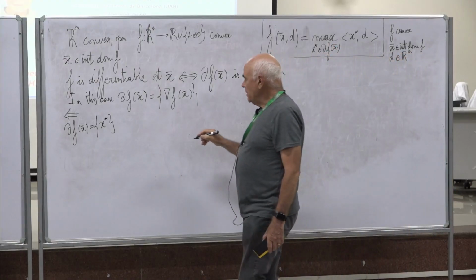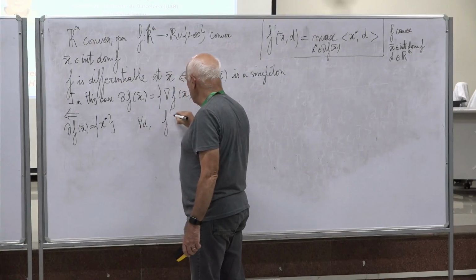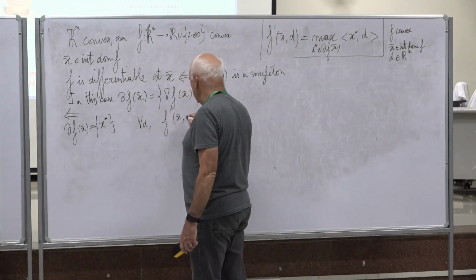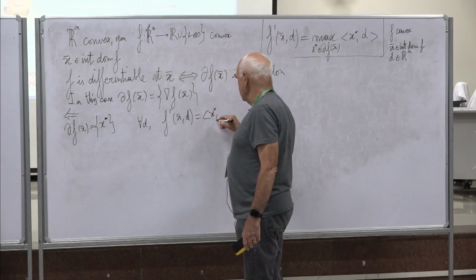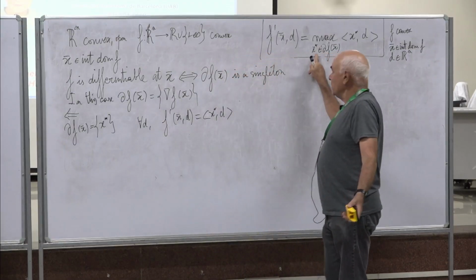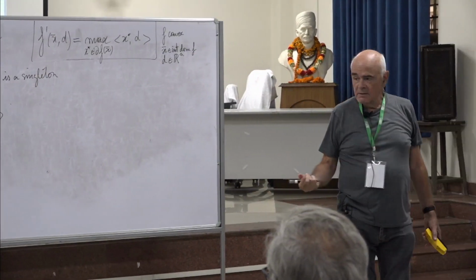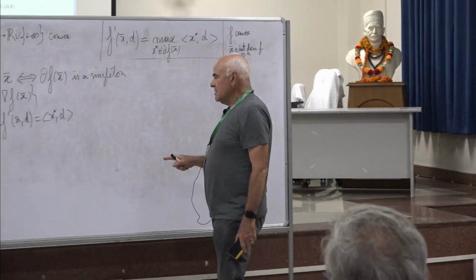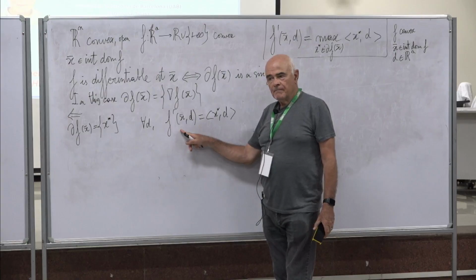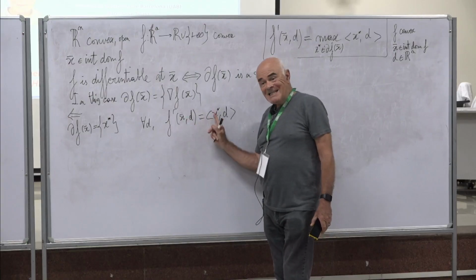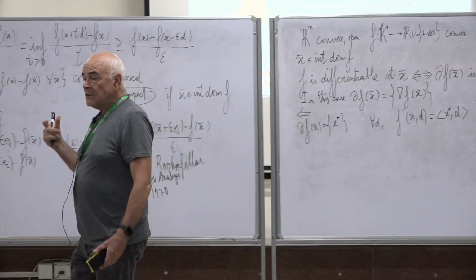You have that for every d, f prime of x bar d is equal to x star d. There is only one. The maximum is attained at the only existing element in the set. This is telling us that the directional derivative as a function of the direction is linear. The function is so-called Gateaux differentiable.